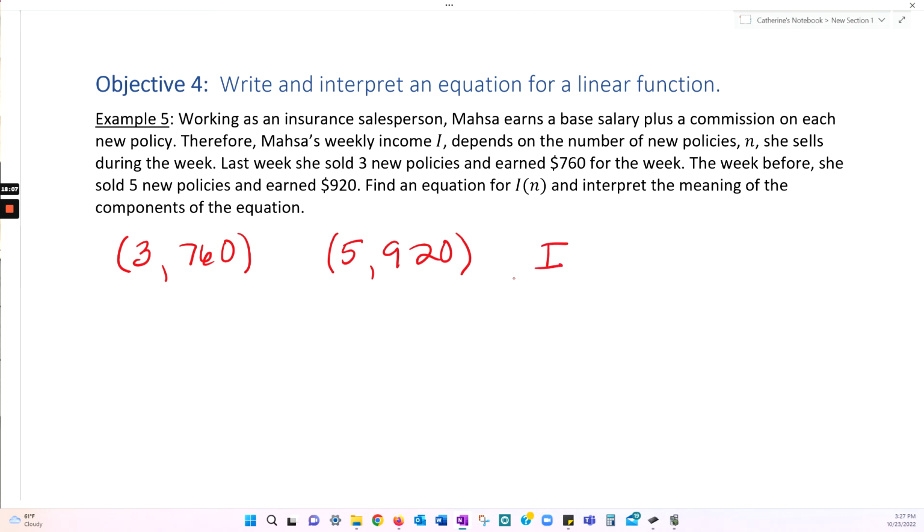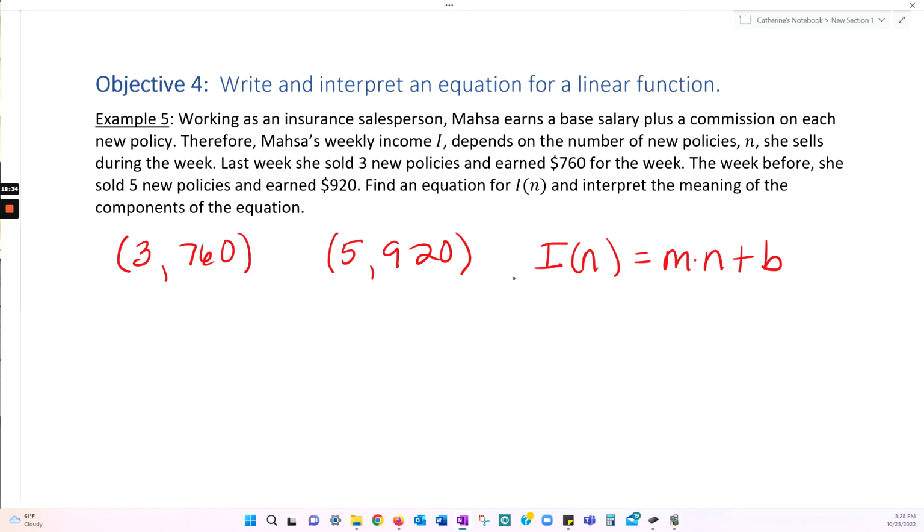So I of n, we're assuming, is a linear function. Otherwise, we wouldn't really have enough information to figure it out. So m times n plus b. This is a little weird using n's instead of x's, but we need to figure out the slope and then the initial value, the b value.